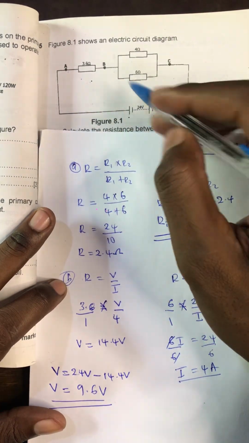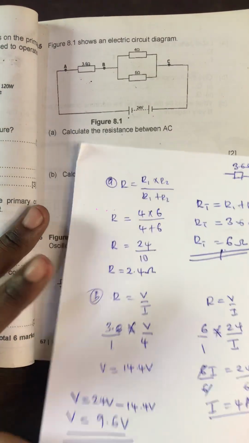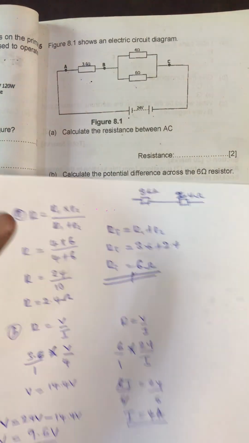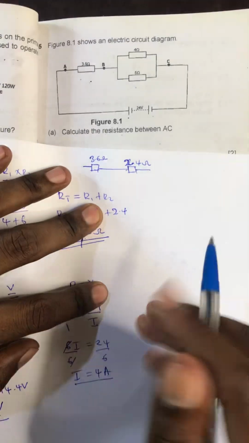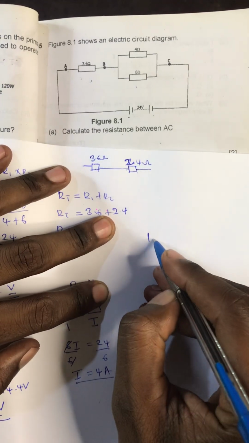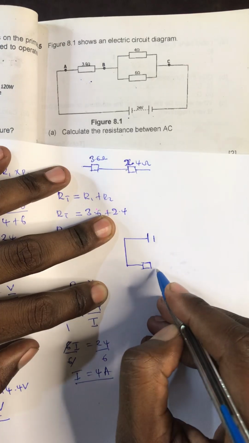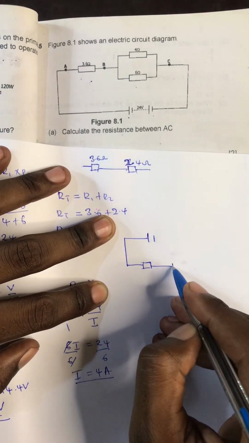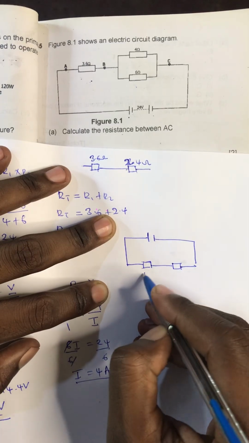Now the question is, why are we doing this? Why are we subtracting from the main value there? Look at this. If you have 2 resistors in series, okay? Let's say for example, you have something like this. You have resistor 1 there. You also have resistor 2. So I'm calling this R1.